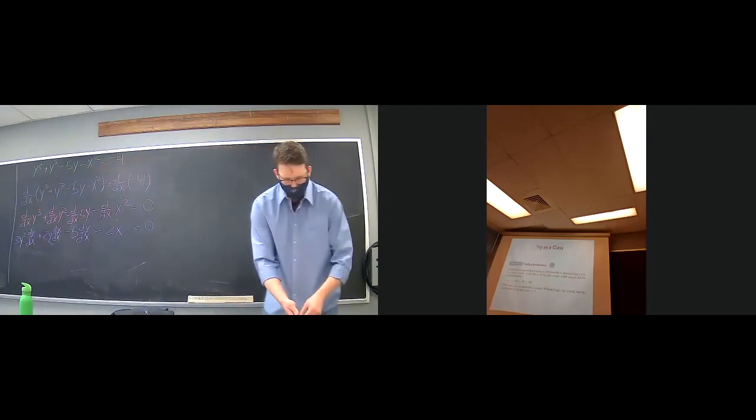Now notice, factor out a dy/dx, and we can move -2x to the other side. So when we do that, we're going to have 3y squared plus 2y minus 5 times dy/dx is equal to 2x.